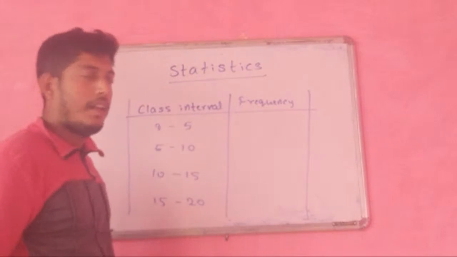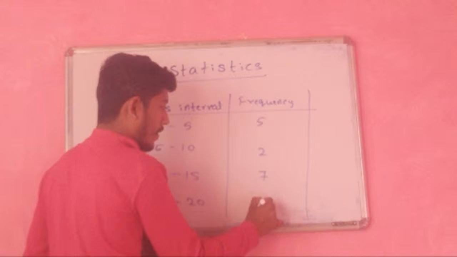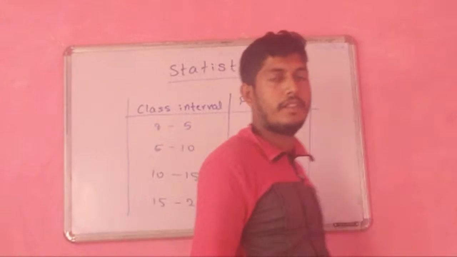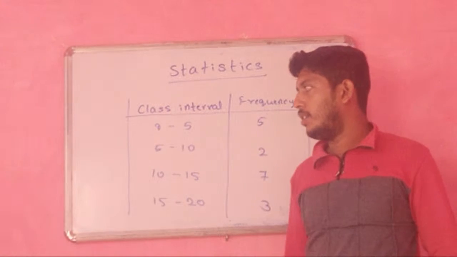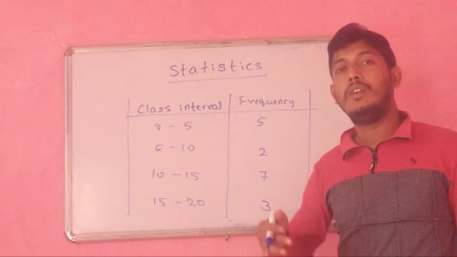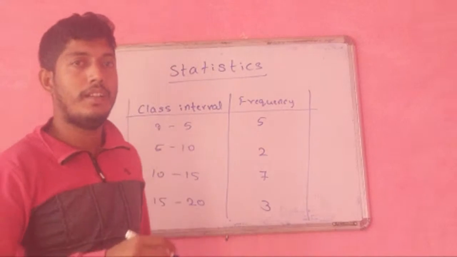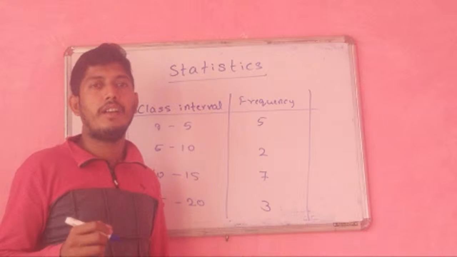And I will take the frequencies as 5, 2, 7, 3. So in this example, I will show how to find out the width of the class interval and how to find out the lower real limit.